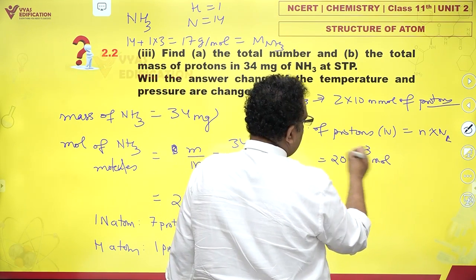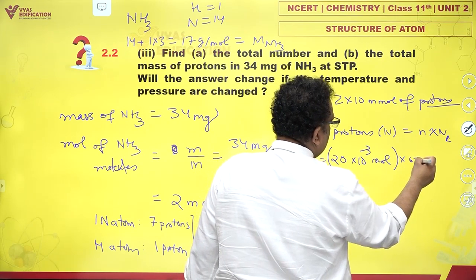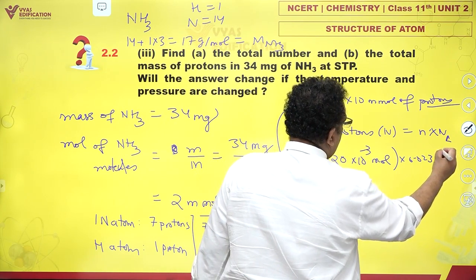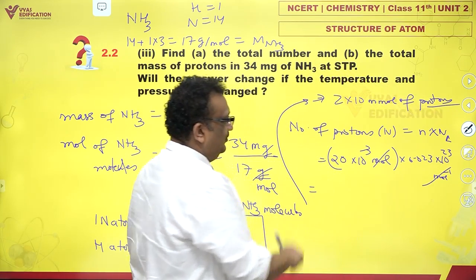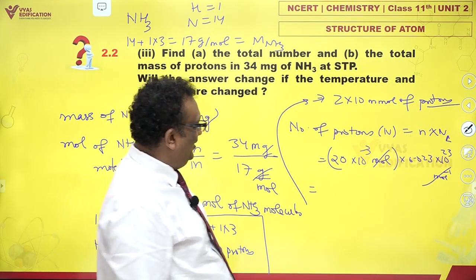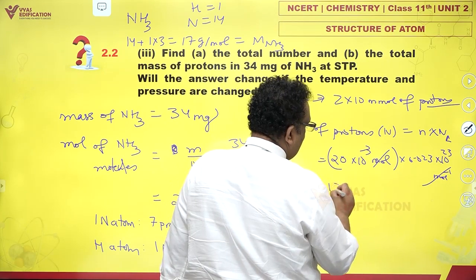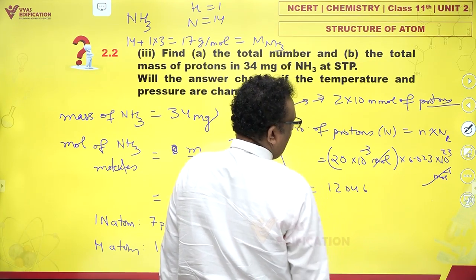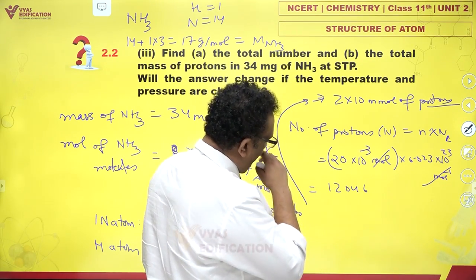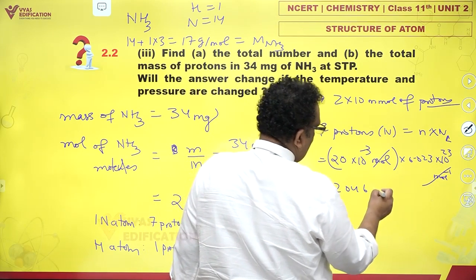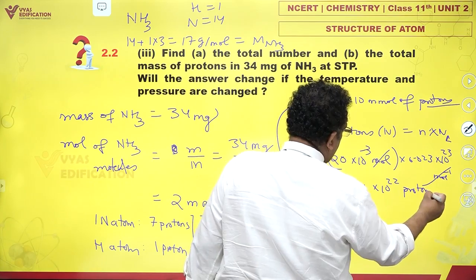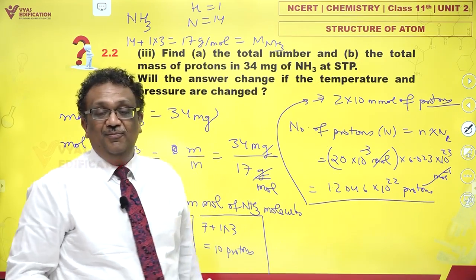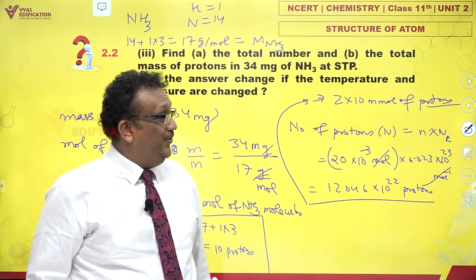So many moles into 6.023 into 10 raised to 23 per mole. Well, let's multiply that. What would that give? 12046, and what about the decimal? That means 1.2 into 10 raised to 22 protons. So my dear, this is the number of protons. Just multiply and get that number.